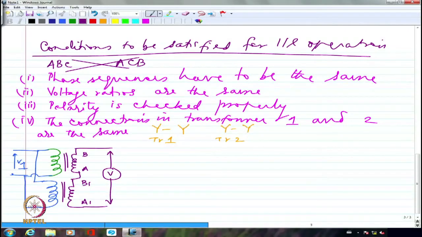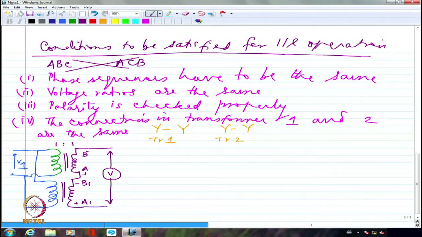And if I assume that it is a 1:1 transformer, and the voltage applied is V1, and what is coming out on the voltmeter is 2V1, that means they are in series addition. If they are in series addition, I am going to have plus here, minus here, maybe plus here, minus here. Then they are in series addition.